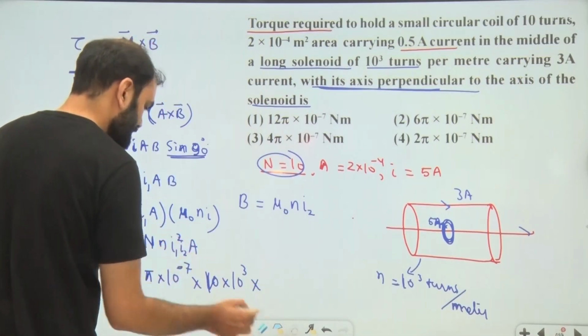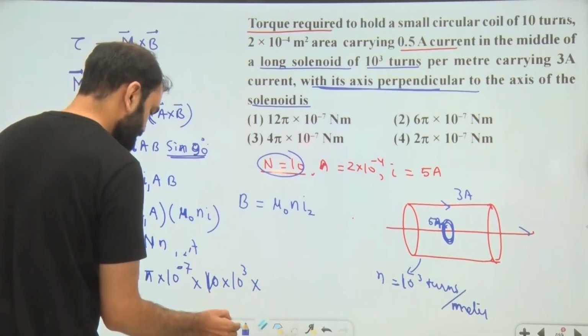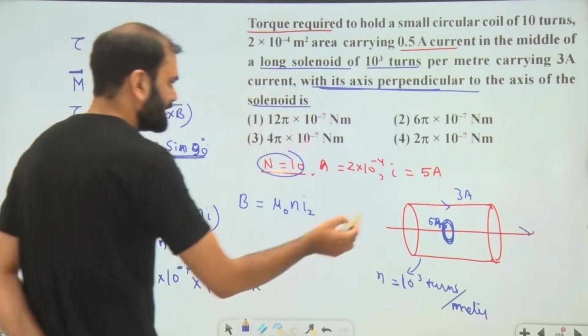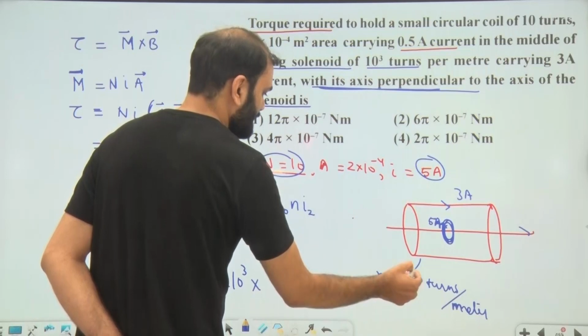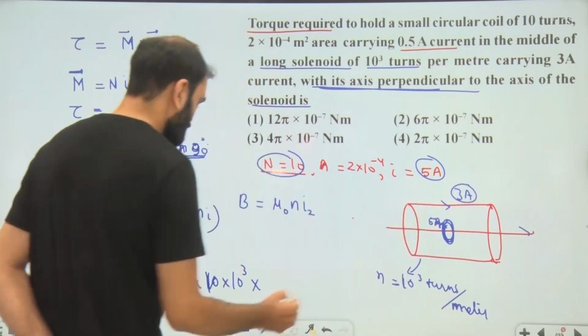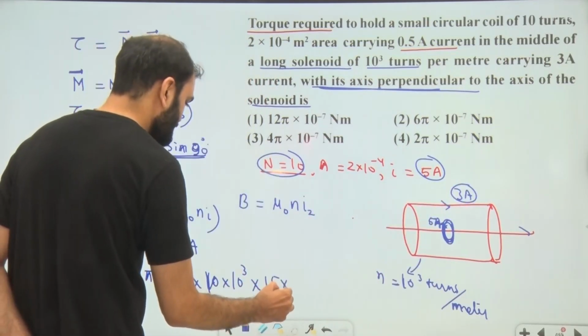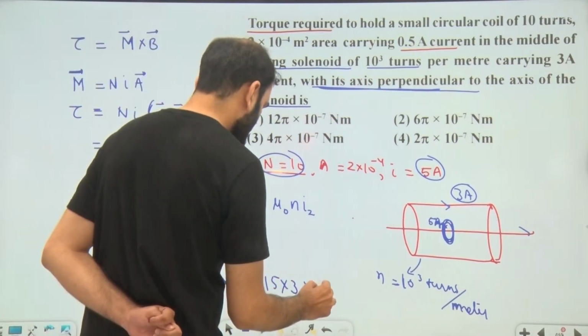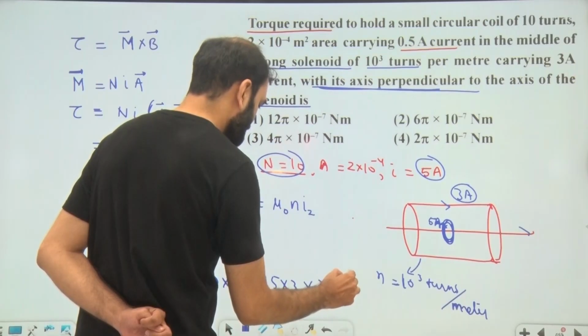Multiply both currents: one current is 5 ampere and the other is 3 ampere, so 15. Then I1 I2 times the cross-sectional area, 2 into 10 raised to power minus 4.